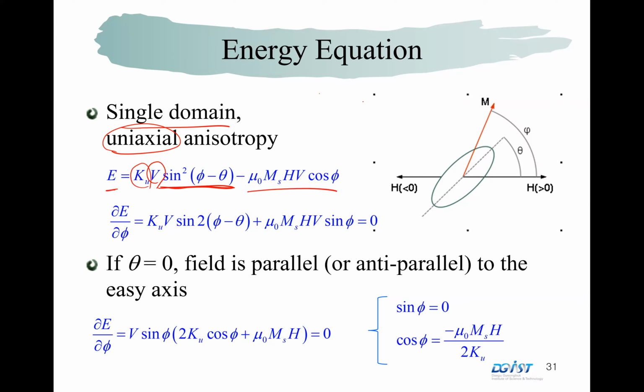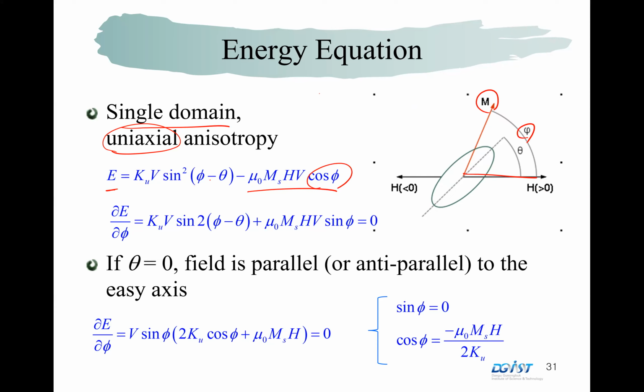And this term is nothing else but the Zeeman energy, which is the inner product between the magnetic field and the magnetization direction. So if we assume the angle between the direction of the magnetization and the field direction is phi, this inner product generates cosine phi.